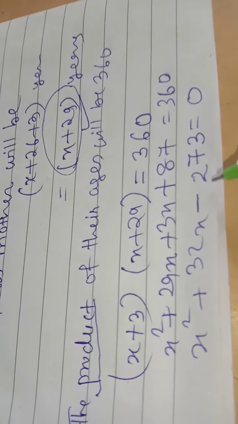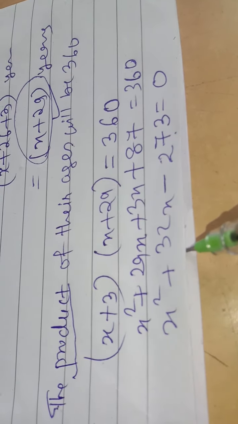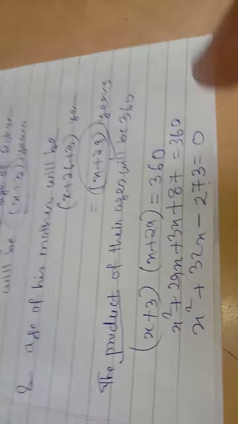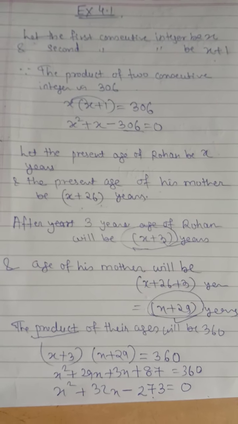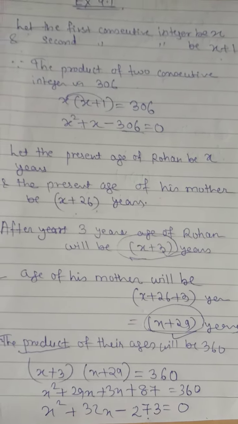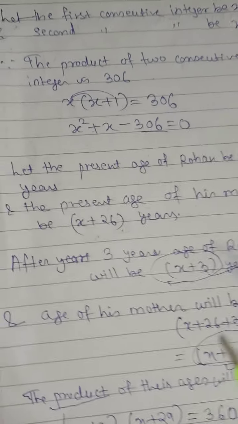Then you have to solve this equation: find two factors of 273 in such a way that they bring 32. By this way you can see the calculation here; I gave you the full video. Using this we can find the factors. Clear? Now one more question.